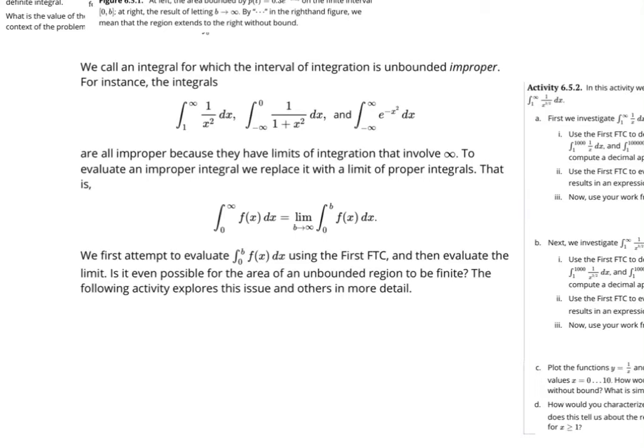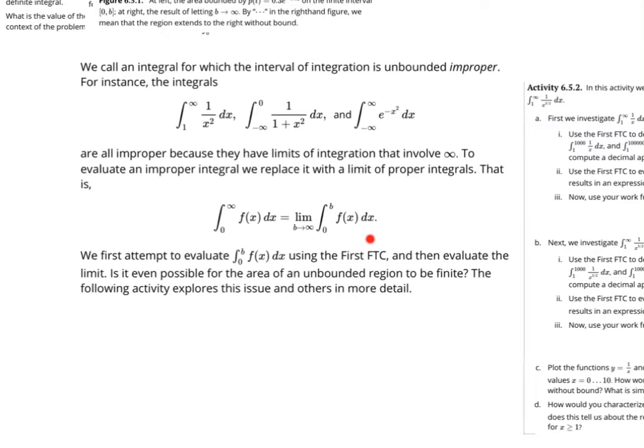Now, what you'll see here is to calculate an improper integral, we write it as a proper integral, but taking the limit of it, just like we did in the preview activity. So we use the first fundamental theorem of calculus to calculate this integral.